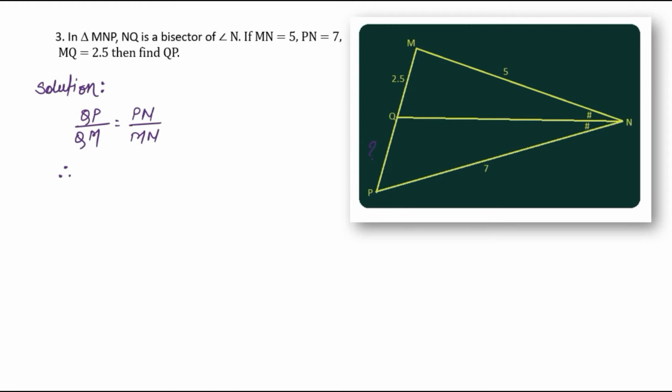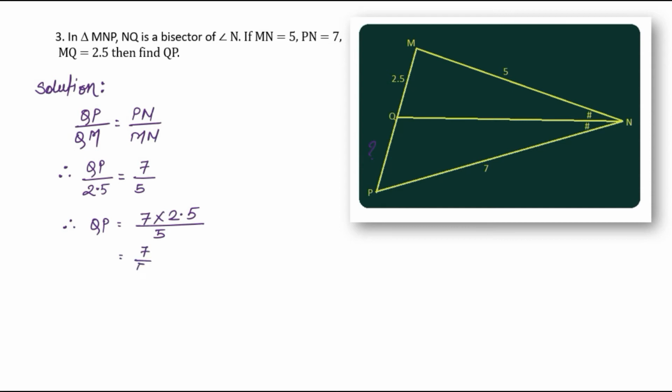Just substitute the values, very easy. As QP we don't know, so QP will remain as it is. QM is equal to 2.5. PN is equal to 7 and MN is equal to 5. Therefore, QP is equal to 7 into 2.5 upon 5.